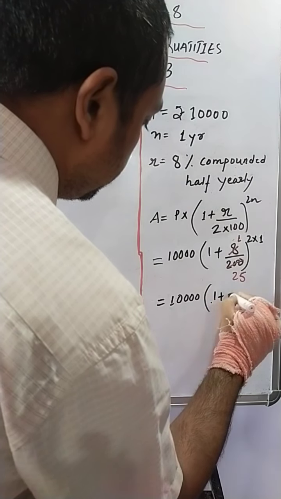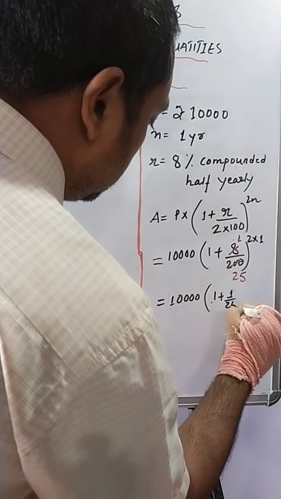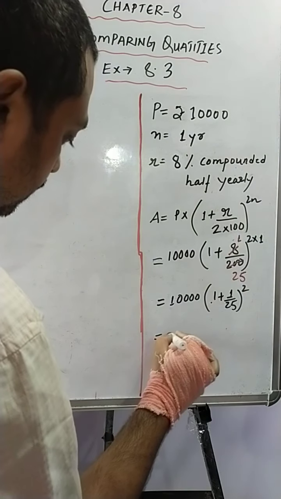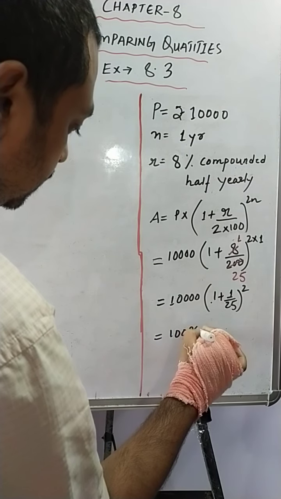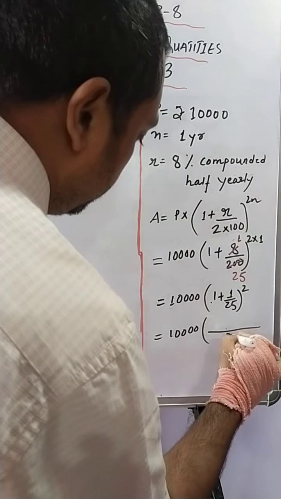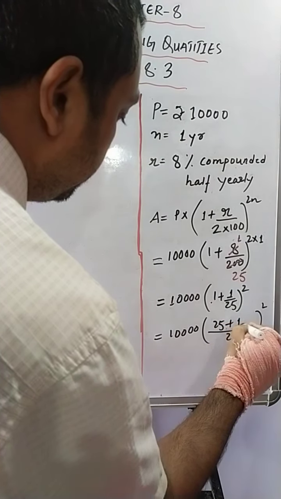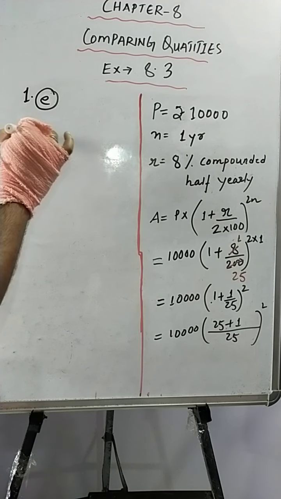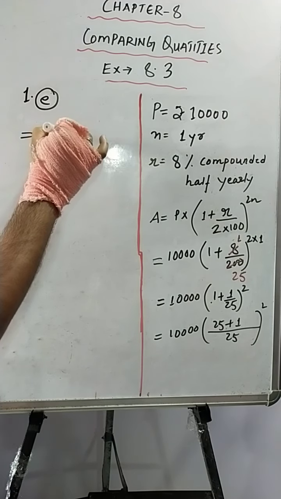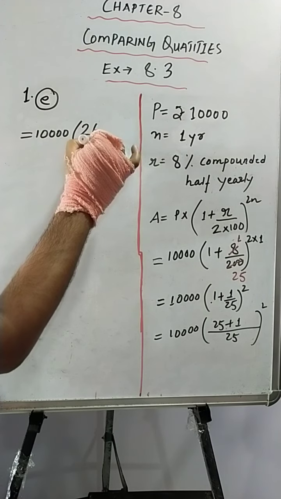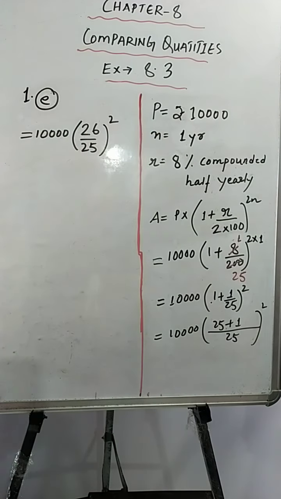We'll write it in this form first, to the power 2. Now let's solve it. Solve the bracket. 10,000. Now we'll take the LCM. It will be 25 plus 1. So it will look like 10,000 into 26 by 25 to the power 2.